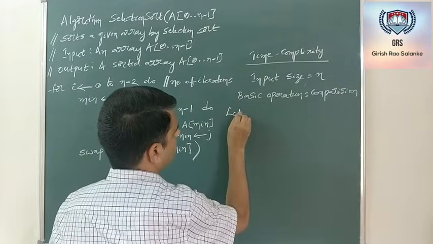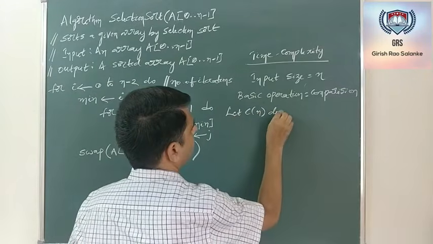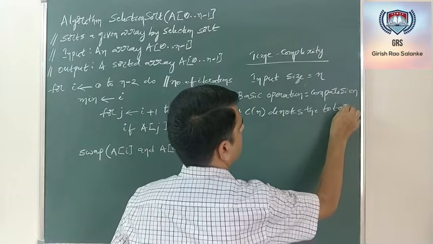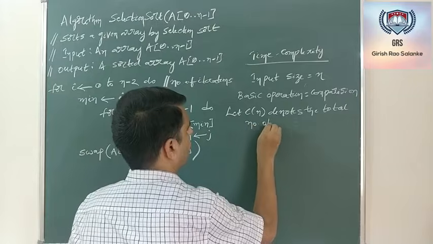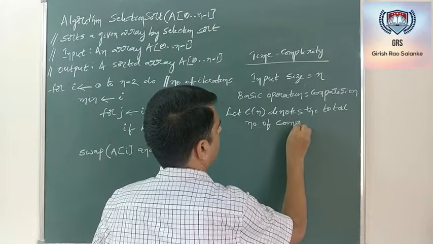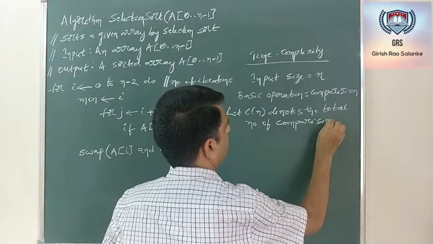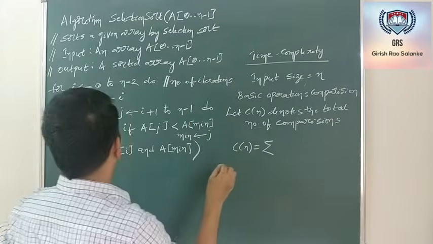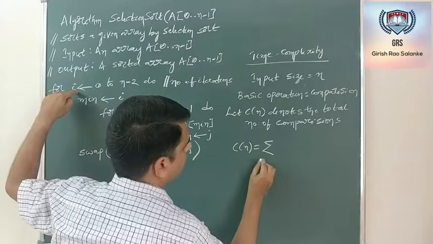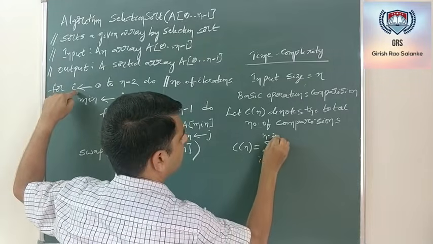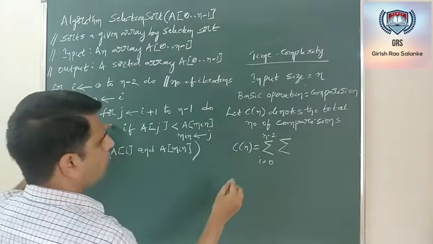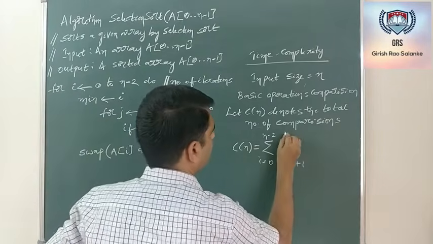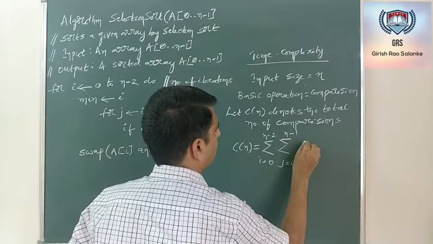Let C of n denote the total number of comparisons. Now let us express a summation. The outer for loop is executed from 0 to n minus 2, and the inner j loop is executed from i plus 1 to n minus 1 of 1.